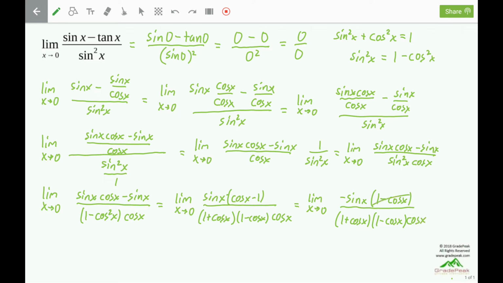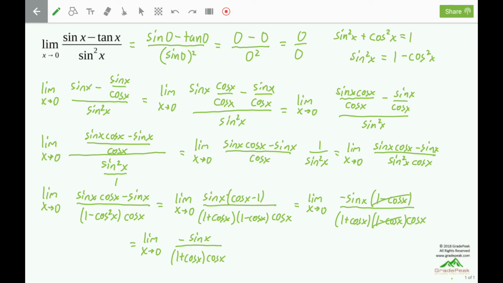The 1 minus cosine of x can cancel now, which should remove the 0 over 0 indeterminate form. And I have limit as x goes to 0 of the negative of sine x divided by 1 plus cosine x times cosine x.